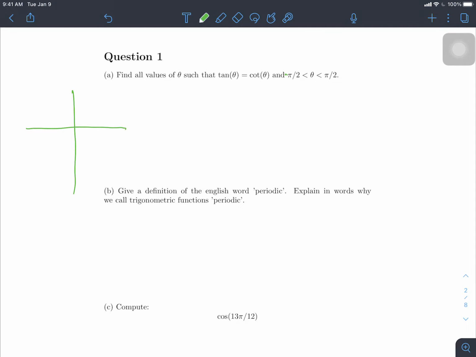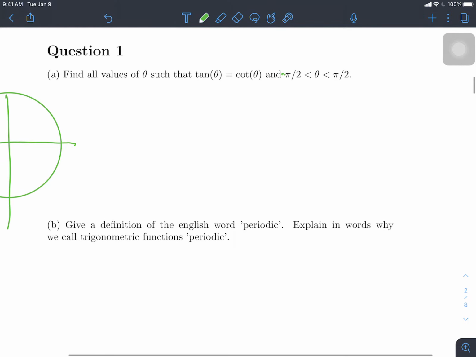And what we're trying to do is find angles for which the ratio of the height of a point on the unit circle to its width should be the same as the ratio from its width to its height.